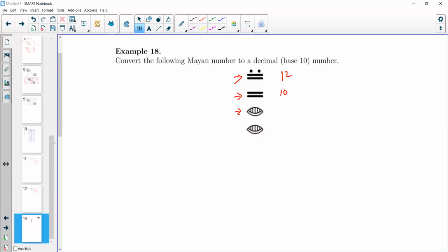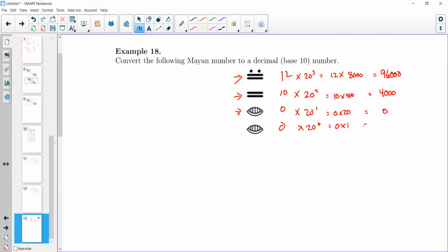What's this? 0 times 20 to the 0, 0 times 20 to the first, 10 times 20 to the second, and 12 times 20 to the third. 0 times 1, 0 times 20, 10 times 400, 12 times 8,000. 96,000, 4,000, 0, 0.